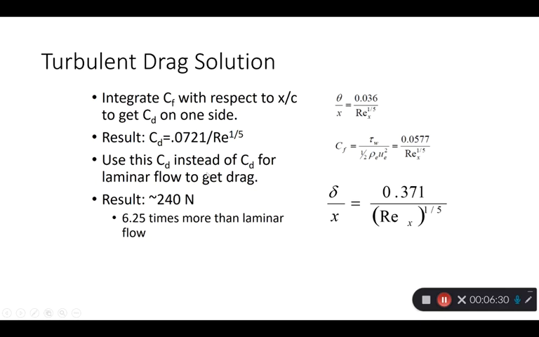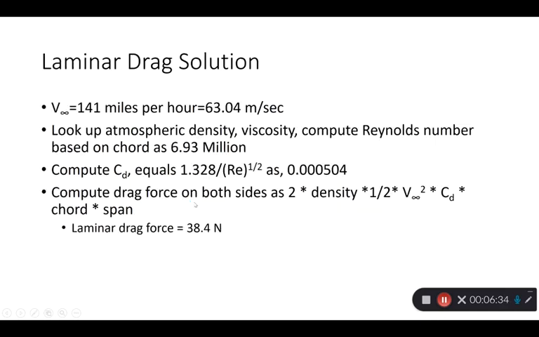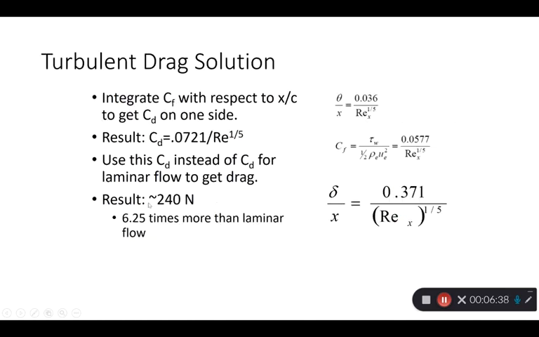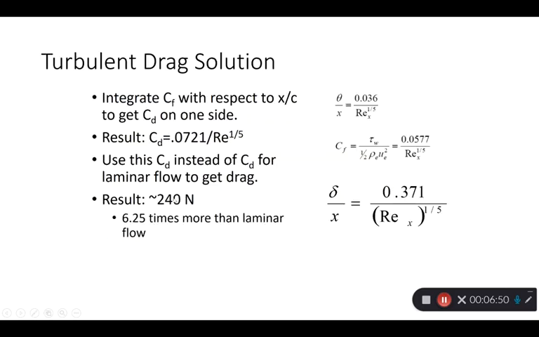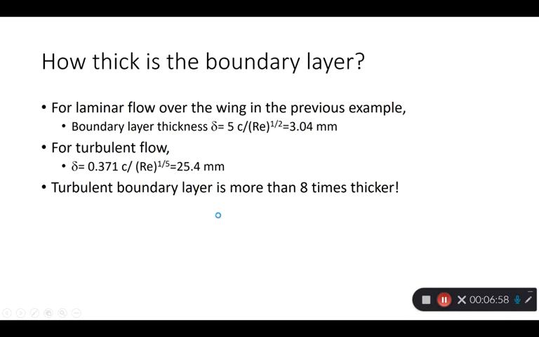So you'll get a higher CD, then put that in here, then you'll get a higher drag. So the turbulent flow has got 6.25 times more drag than laminar flow. So on one side we have 38.4 newtons, roughly 40 newtons. Here you have 240 newtons, 6 times more. That's why turbulent flow is tremendously draggy compared to the laminar flow.